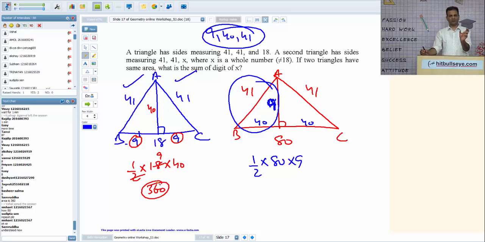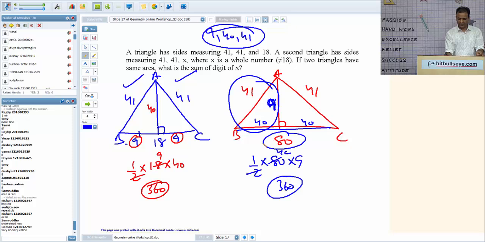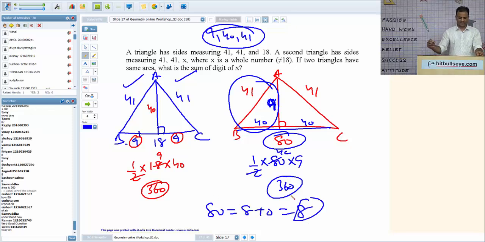It divides the base into two equal parts, 9 and 9, and then 40 will be there. And in this case I have taken the base as 80 with 9, 40, 41. So the area will be the same, 360. So what is the sum of the digits of 80? 8 plus 0 is 8, and 8 is the answer.